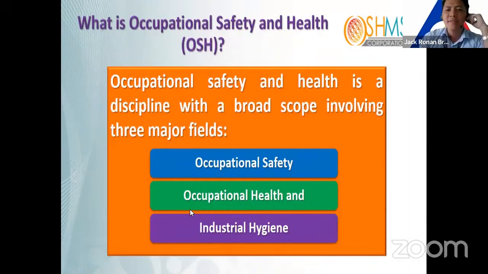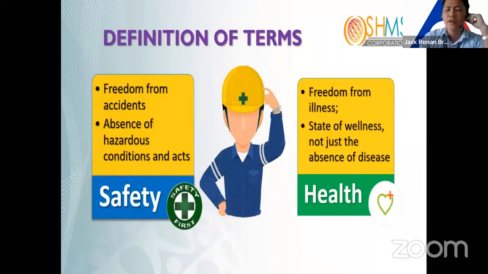So occupational safety and health is a discipline with a broad scope involving three major fields. So there are three major fields under OSH. First is occupational safety, next is occupational health, and the last one is industrial hygiene. So what is occupational safety? Occupational safety refers to freedom from accidents, absence of hazardous conditions and acts, as I mentioned earlier. While occupational health refers to freedom from illness and a state of wellness, not just absence of disease.